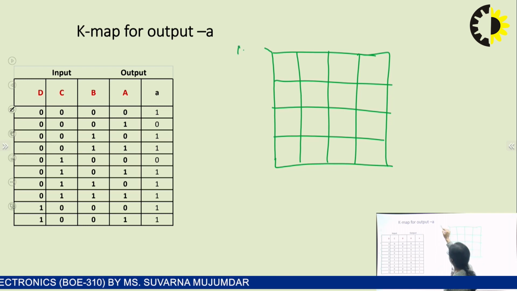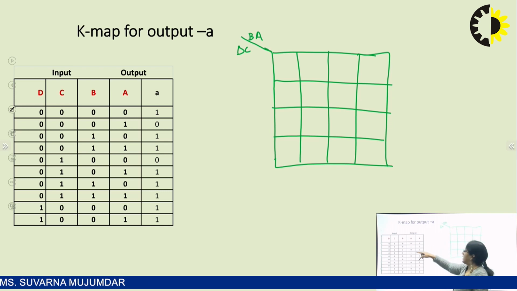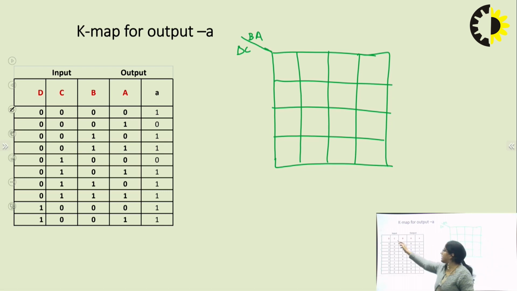Here we are having DC and BA. We are naming it something like this, DC, BA. If it is WXYZ, we will use WXYZ as input variables. If we are using ABCD, we will use ABCD. But in this example, I am considering it as DCBA, so I am taking D as MSB and A as LSB.